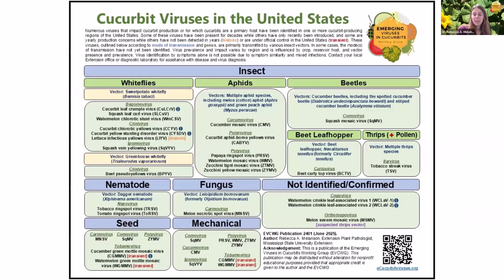You can see this is pretty comprehensive in terms of a lot of viruses that have caused problems in the US and are either common in various production areas of the US or, in the areas where they do occur, have been shown to emerge and cause issues. So we will discuss most of these throughout this webinar series.